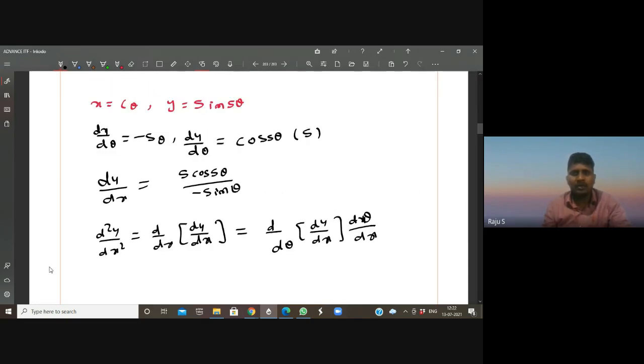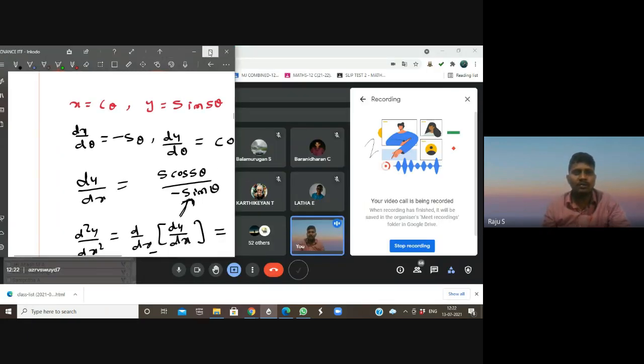Students, d square y by dx square you can write as d by dx of this dy by dx. But we cannot differentiate with respect to x this dy by dx value. For that we'll write d by d theta of dy by dx, times d theta by dx. When these two values are cancelled, again we'll get d by dx.